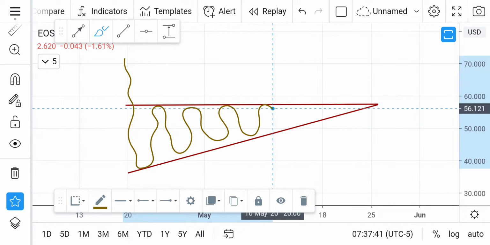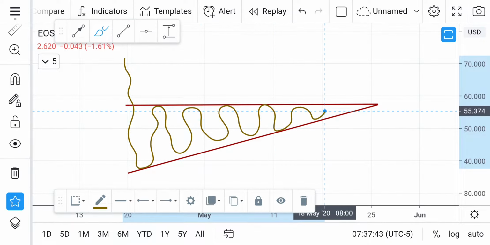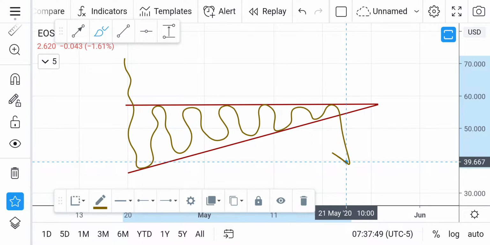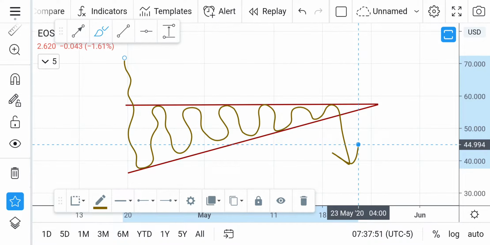Because it's a downtrend, the chance of the price breaking down is higher. So it could also break down in a downtrend like this. So the ascending triangle is stronger in an uptrend. Let's say price is above the 200 period moving average.